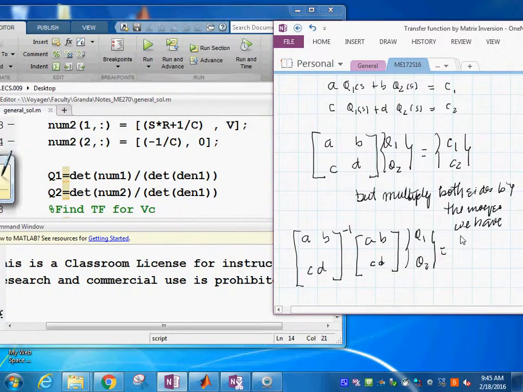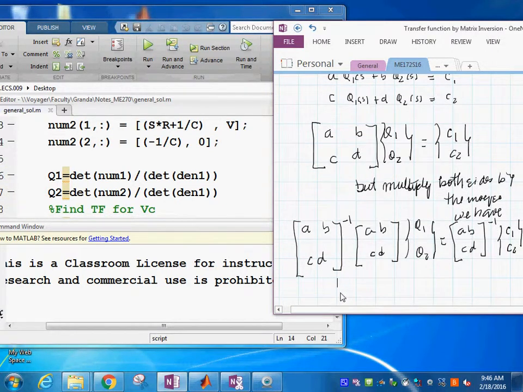Therefore Q sub 1 and Q sub 2 in vector form like this should be the inverse of A, B, C, and D multiplied by C sub 1 and C sub 2. So this is the solution.